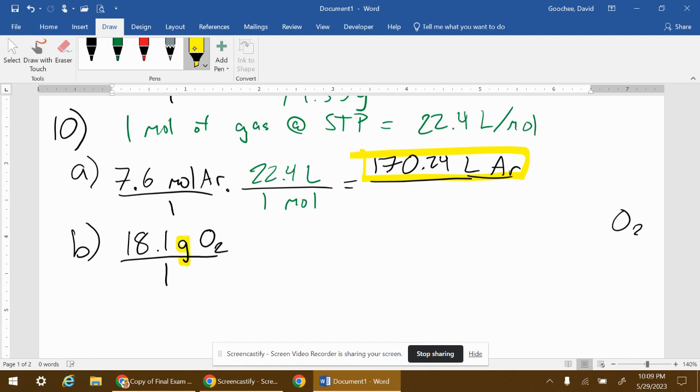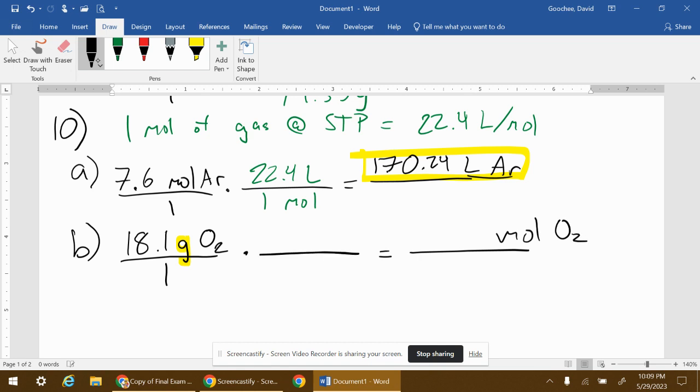So the first thing we have to do is get this grams of oxygen into moles of oxygen. So we got to divide, all right? 1 mole of oxygen is equal to how many grams? Well, it's 16 times 2, because it's O2. So 32 grams. That's the molar mass.